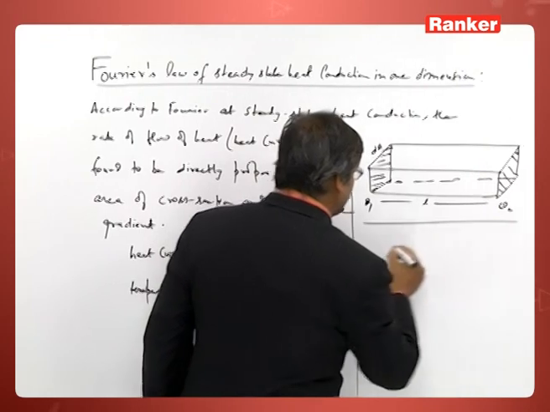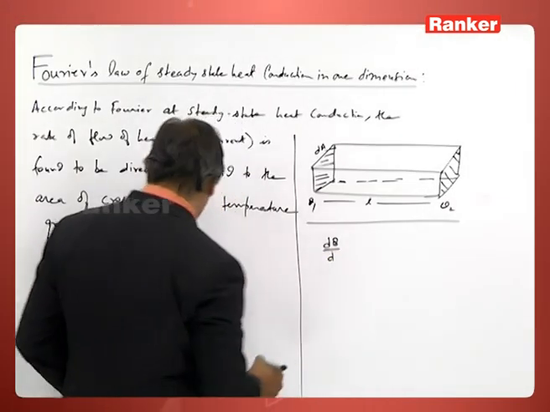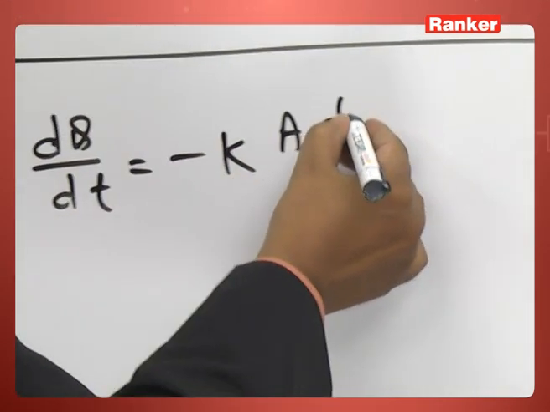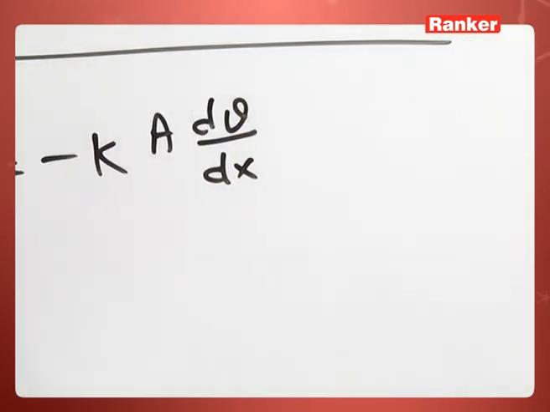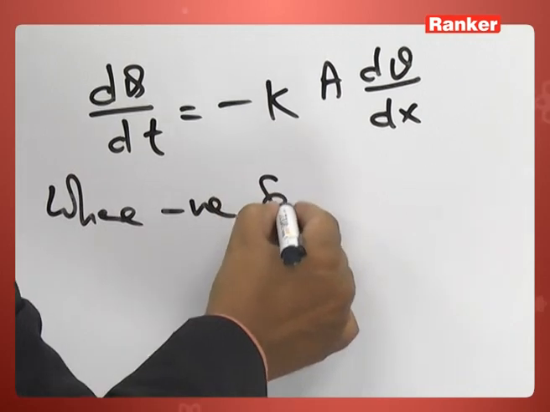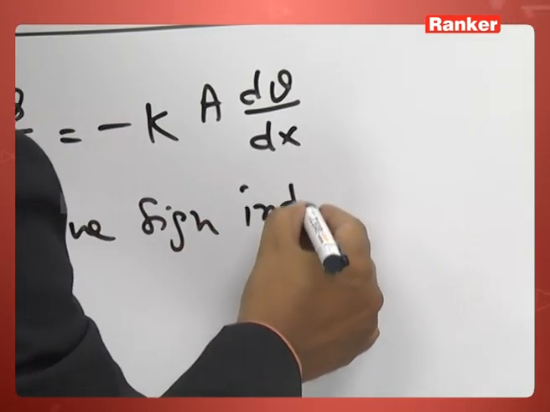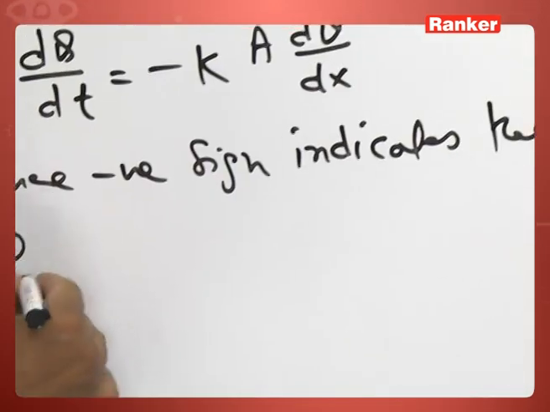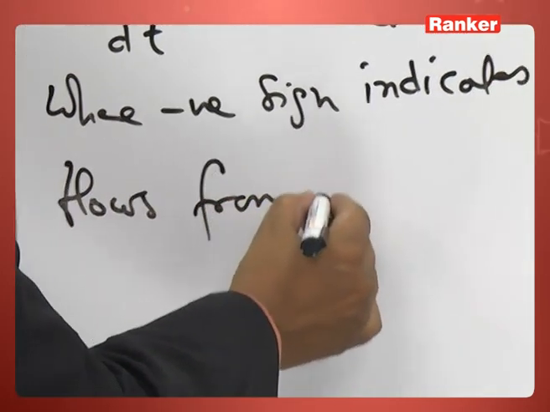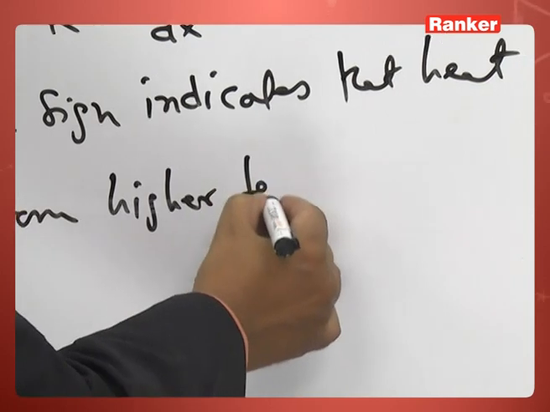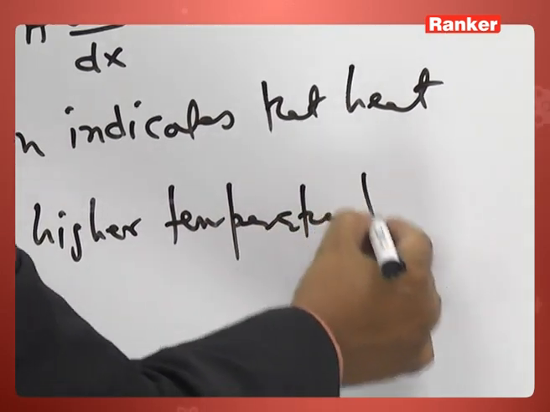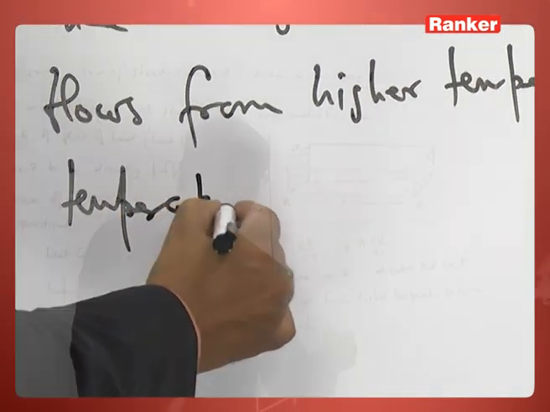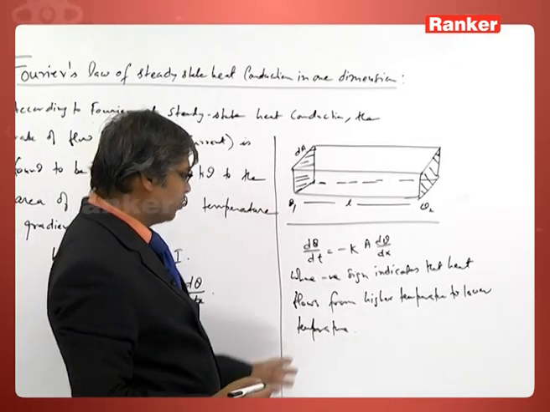Thus dq by dt is equal to minus K A d theta by dx, where the negative sign indicates that heat flows from higher temperature to lower temperature. So, heat flows from higher to lower temperature.